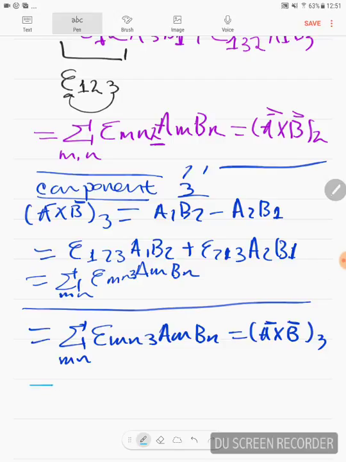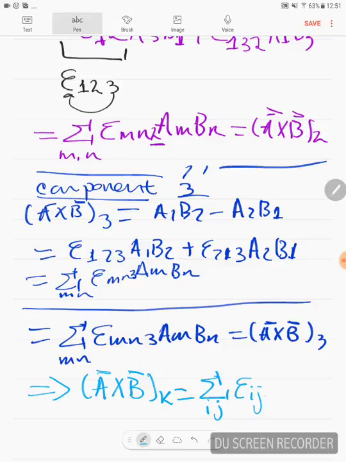So then the component K of a cross product is equal to the summation over the permutations of I and J of E I J K of A I B J.